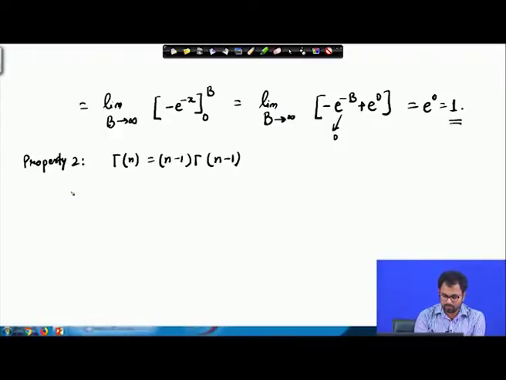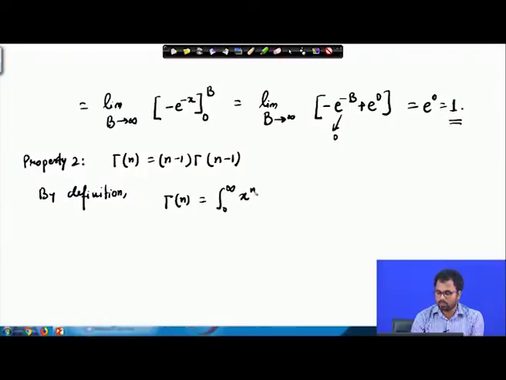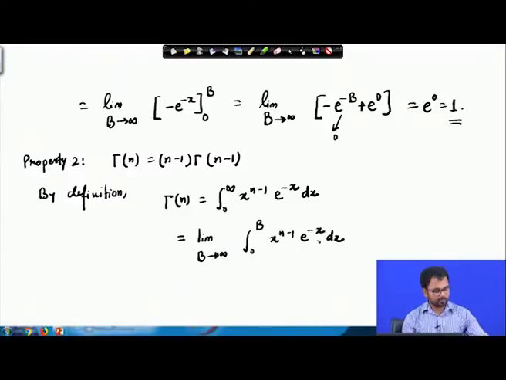First of all, by definition, we have gamma n equals the integral from 0 to infinity x to the power n minus 1 e to the power minus x dx. This can be written as the limit b goes to infinity of the integral from 0 to b x to the power n minus 1 e to the power minus x dx.